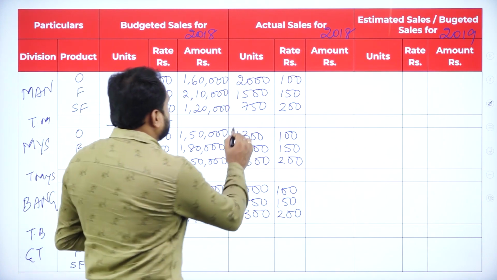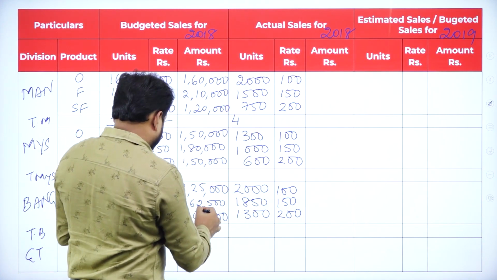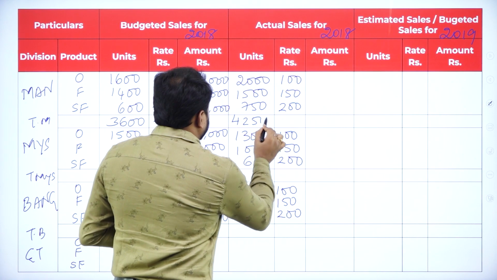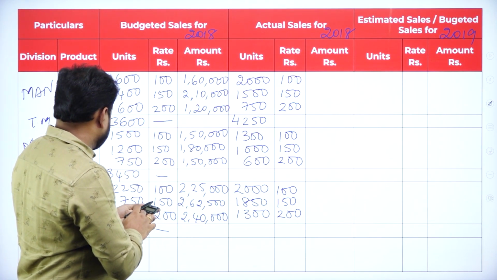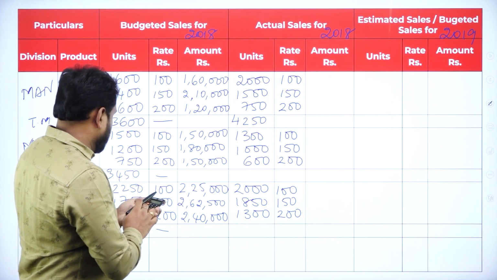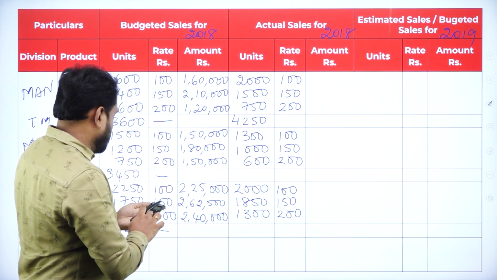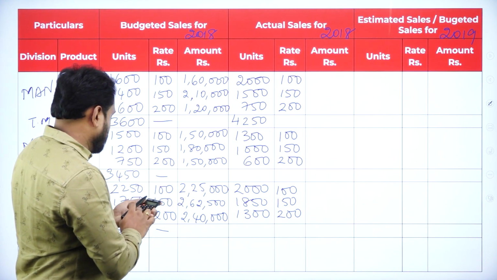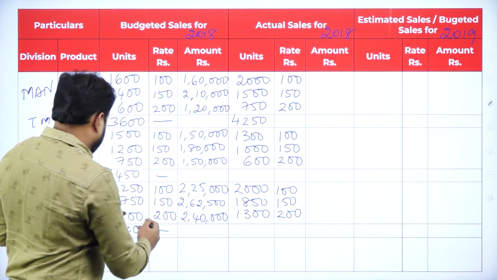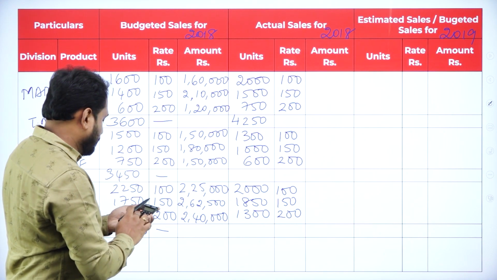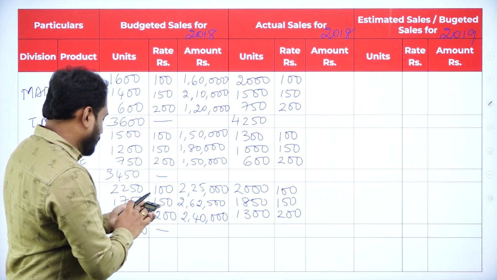Meanwhile, I want you people to calculate here: 4,250. Let's cross verify all these things. 2,250 plus 17.